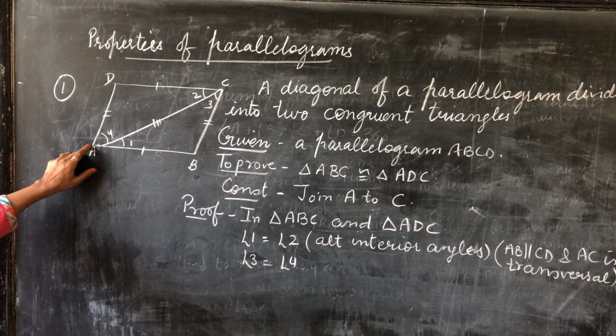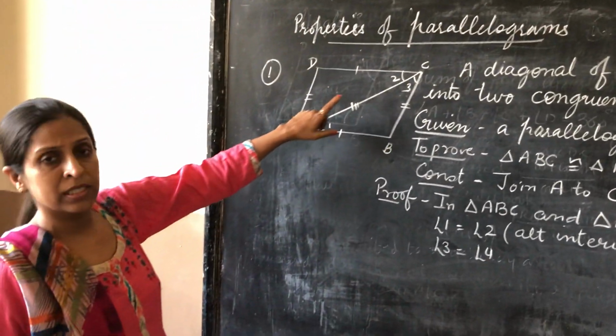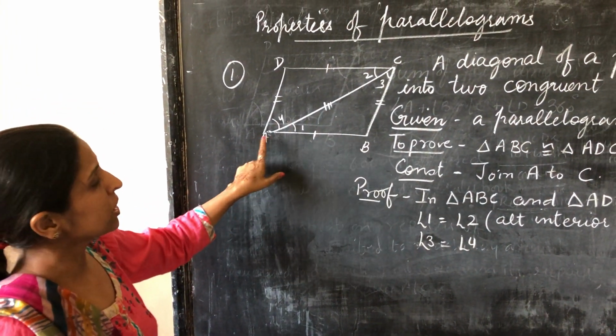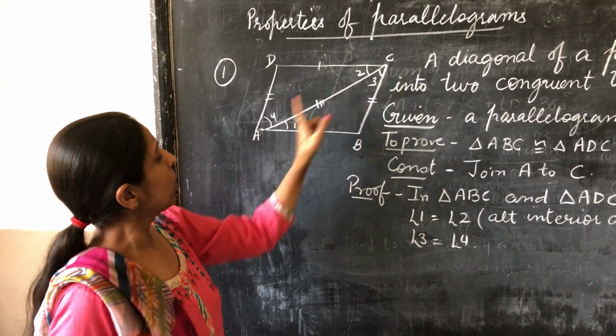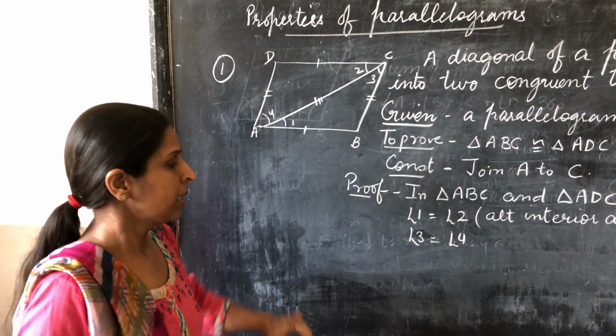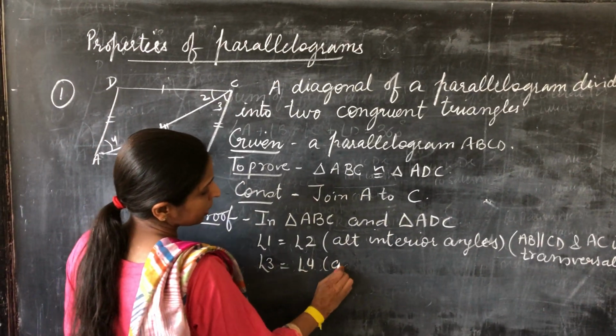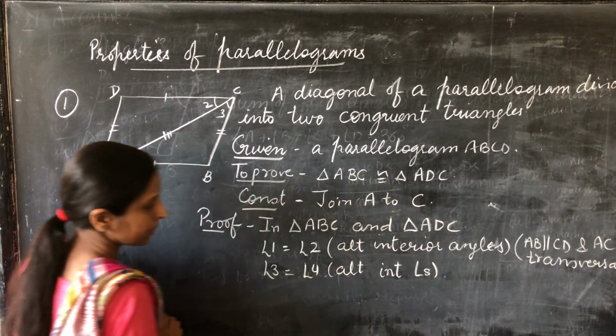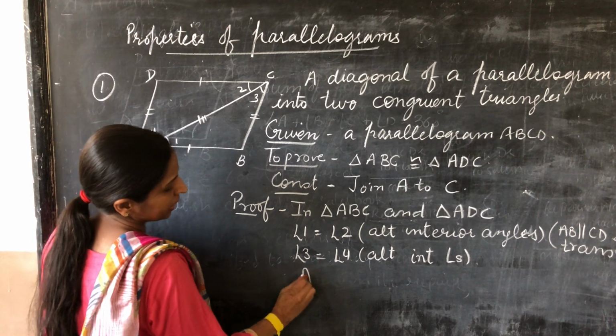To make it convenient, we have taken angle numbers. Otherwise, we can take vertices also like BAC or ACD. It's your choice how to write. Now these are also alternate interior angles. Then we have AC common.